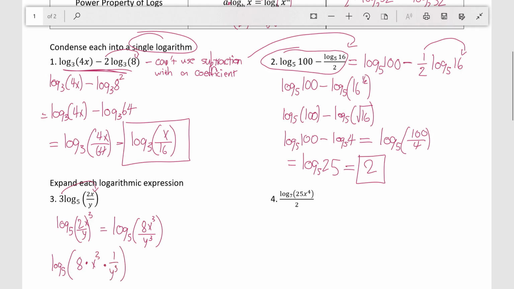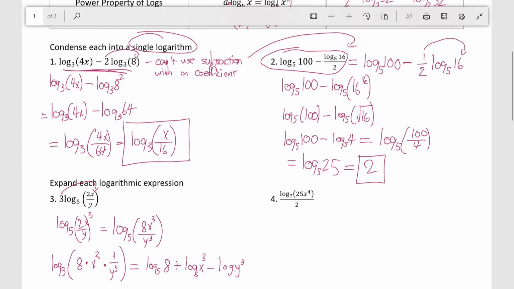And I'm going to write it like that because this shows me that I can now split this into 3 separate logs. So I have log 8 plus log of x cubed. And then since this is 1 over y cubed, I'm just going to write it as minus log of y cubed. Oh, I forgot to write my base.